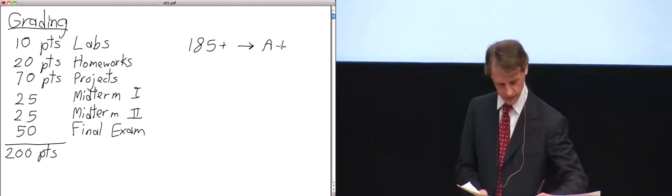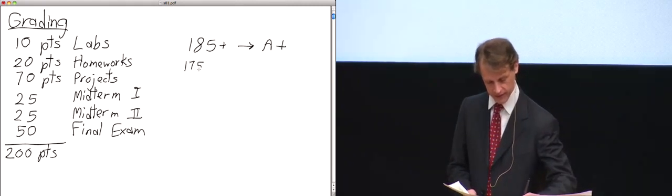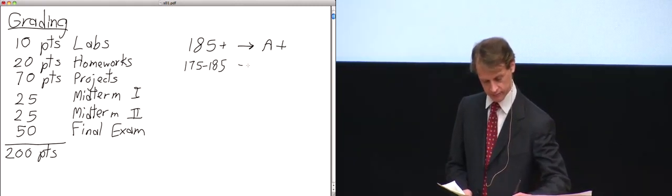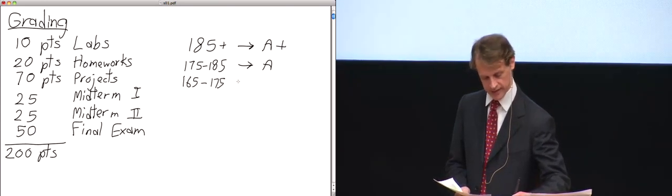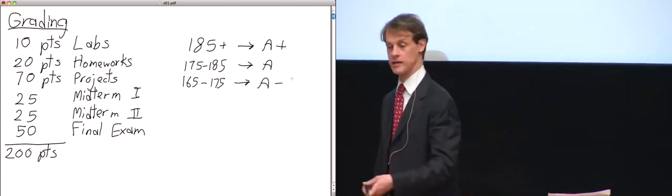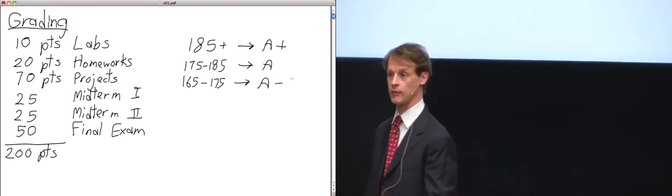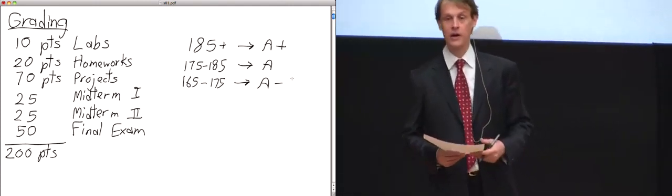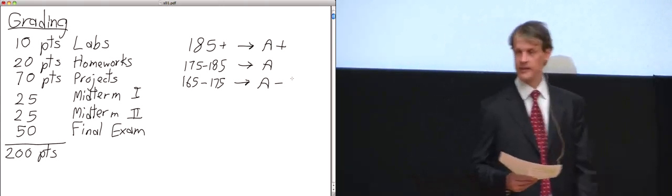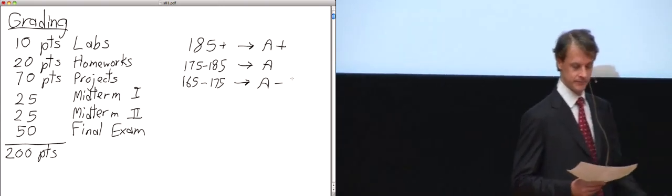So for instance, if you get between 175 to 185, that's an A. 165 to 175 is an A-, and so on. The rest of the chart is in the course overview I've given you in a table, I think on page 5. So you can follow that if you want.